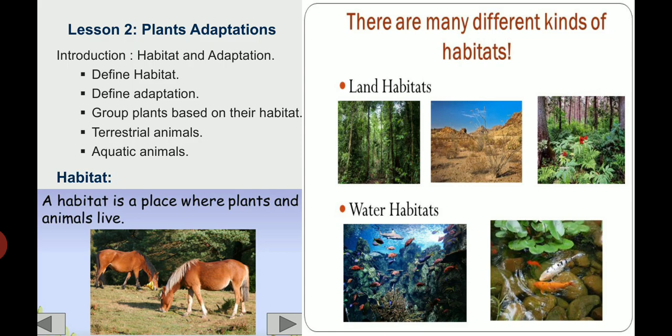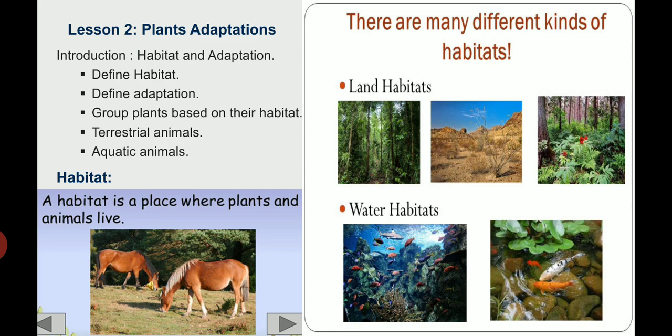Next one, water plants, water habitat. Water we say as aquatic, isn't it? In third standard we studied this, right? Water habitat plants are called aquatic plants. So plants which grow only on land are called terrestrial plants, and plants which grow only in water are called aquatic plants.